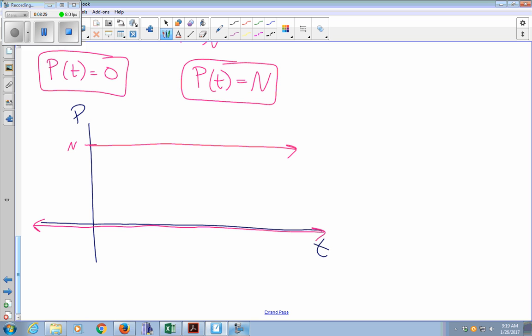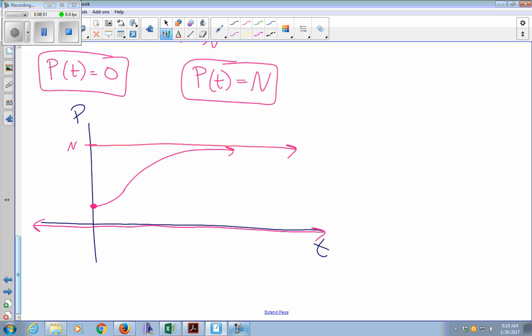So if you start at n, you just stay at n forever. What do you think happens if I start down here, somewhere between 0 and n? It approaches n. It's going to grow quickly at first, right? Exponentially at first, because the population is pretty small. And then it slows down as it reaches the carrying capacity.